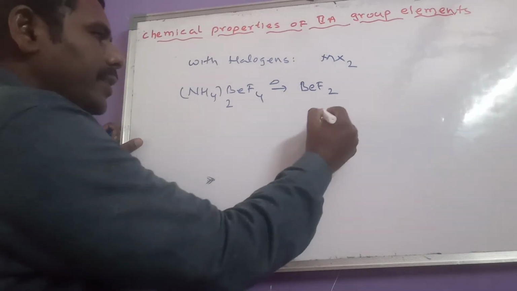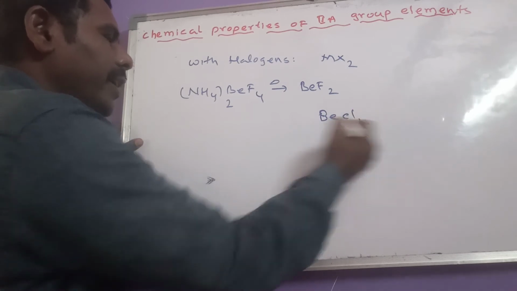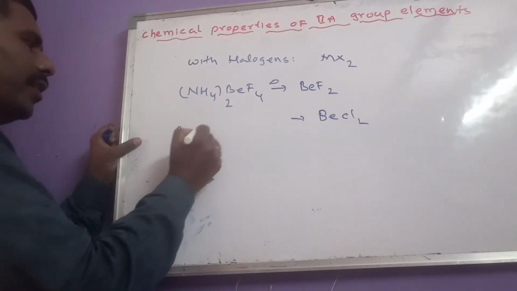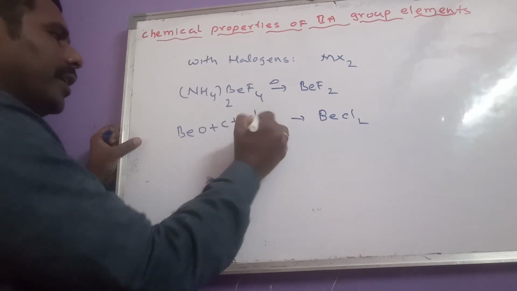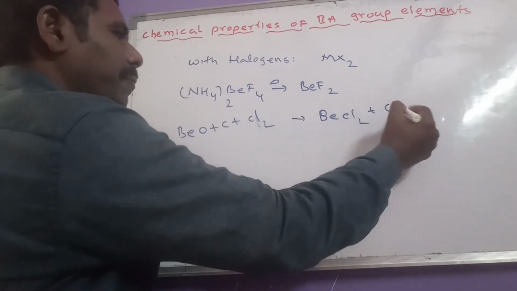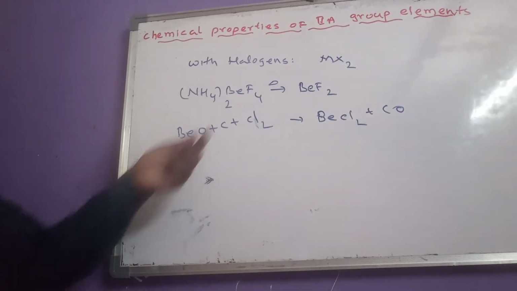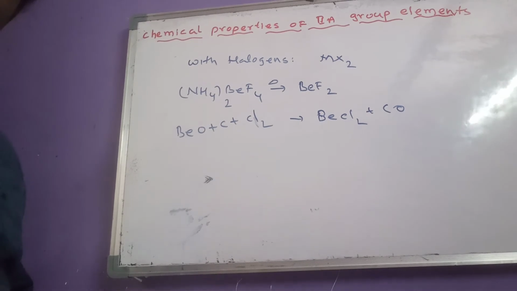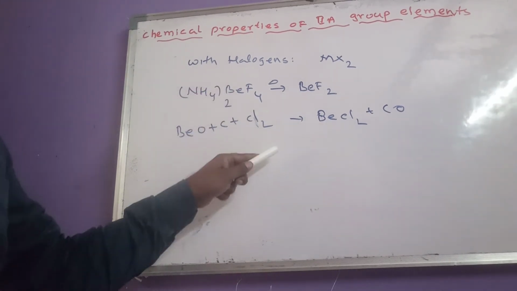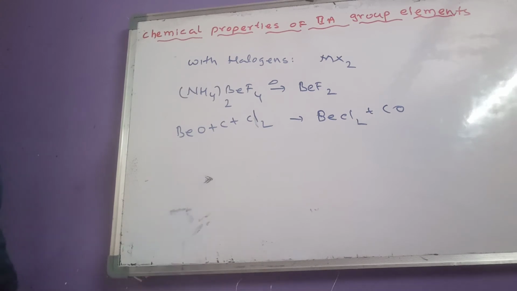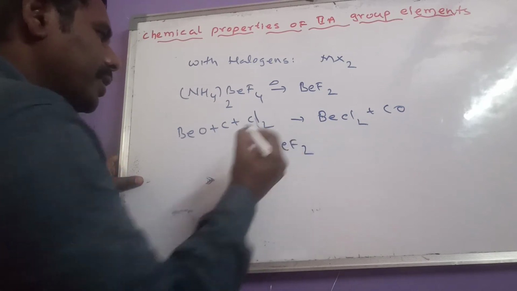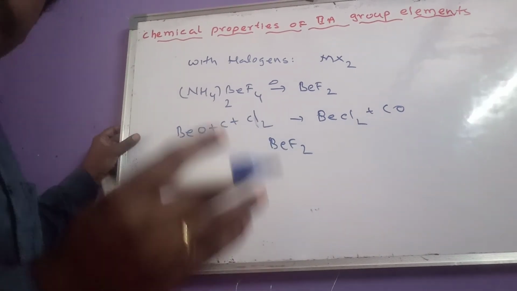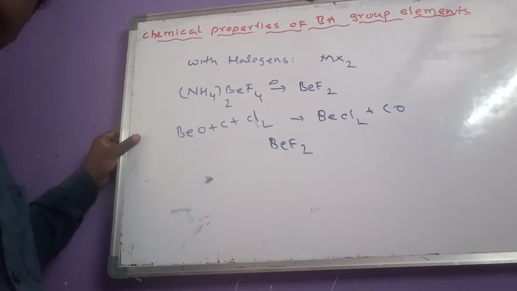And BeCl2 is also conveniently prepared by the reaction of BeO, coke and Cl2. These three react and produce BeCl2 and CO. So these two important things we have to remember regarding halides of alkaline earth metals. And another thing here, beryllium fluoride is much soluble in water, but other halides of beryllium are much soluble in organic solvents.